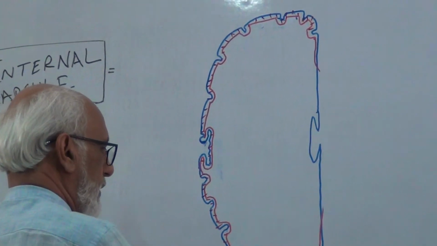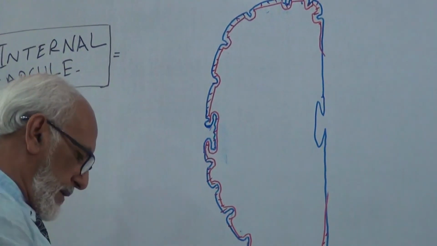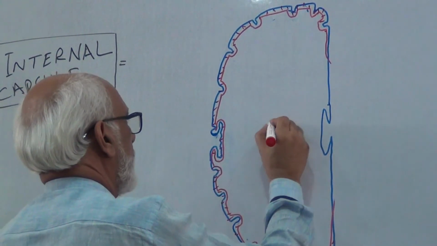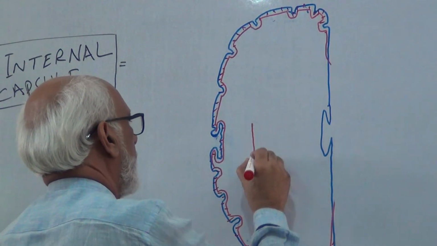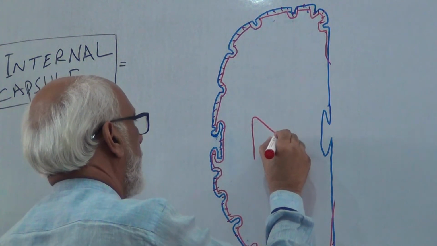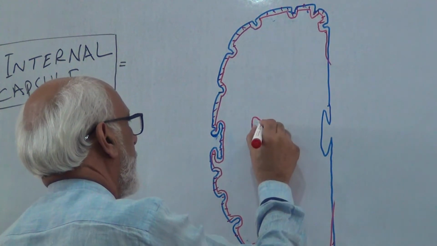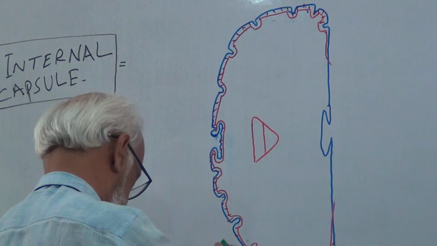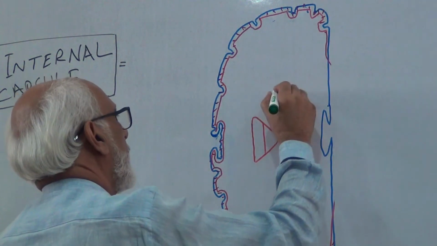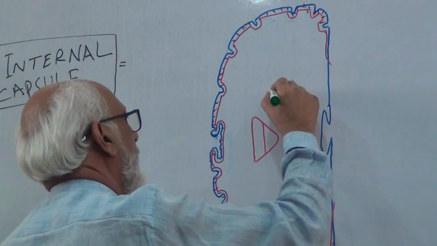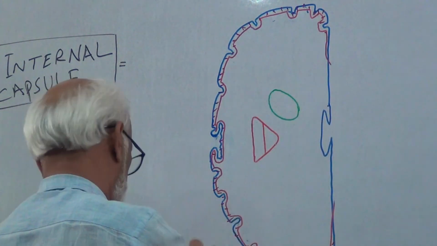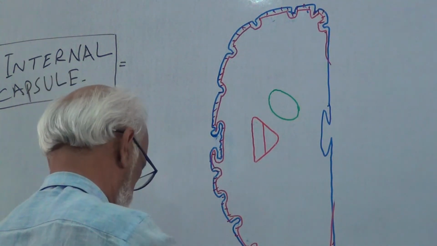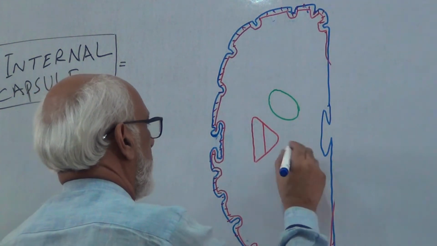At this level, one can see some of the major nuclei of basal ganglion. Lentiform nucleus, this is head of the caudate nucleus, and thalamus.